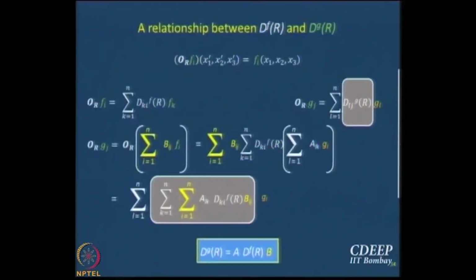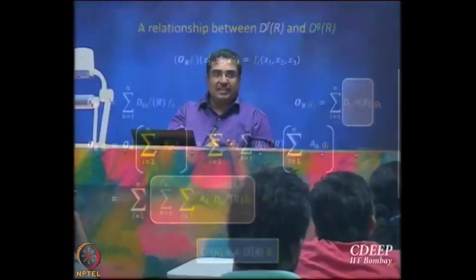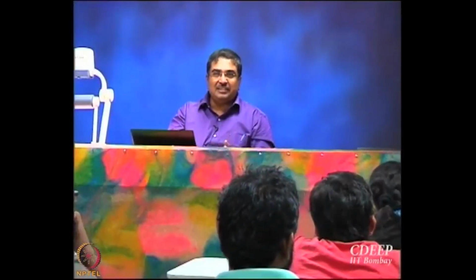And when will this hold? When can we do this? When we can express the F's as a linear combination of G's and the other way around. Is that always the case for linearly independent operators? For linearly independent operators, you should be able to do that.